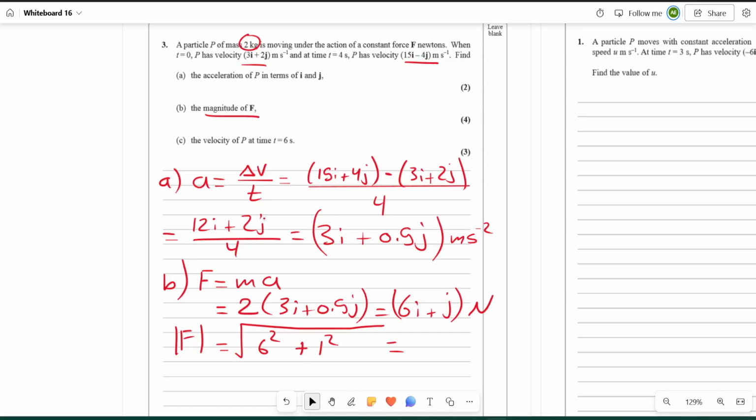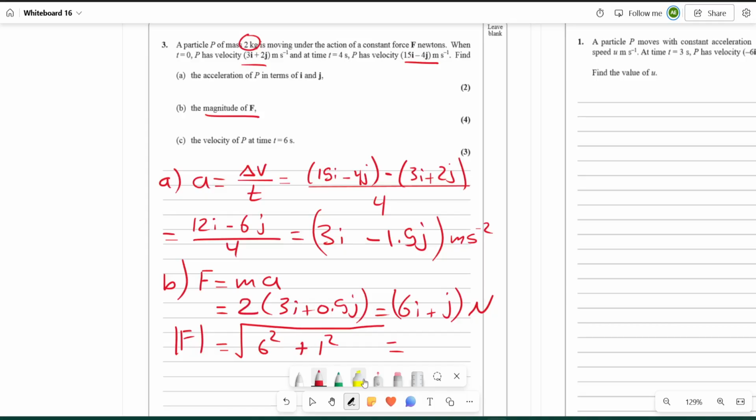Yeah, there is a small mistake over here. This is not plus, this is minus 4j, so that's going to be minus 4 minus 2, so that's going to be minus 6 actually, and then this part over here is going to change. So minus 6 over 4 is basically minus 3 over 2, or minus 1.5j.